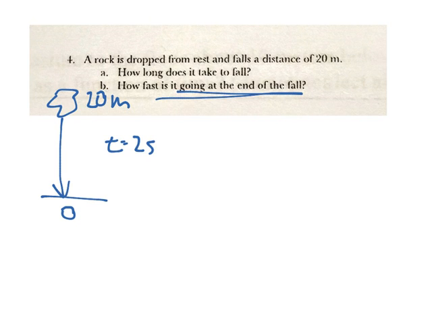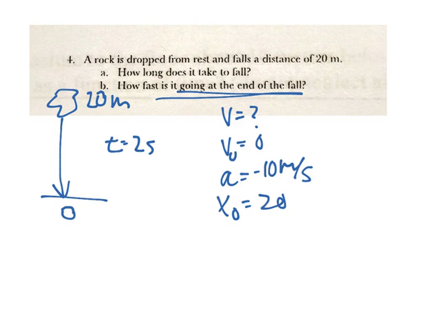So what's our final velocity? Final velocity, we don't know. Initial velocity we know is 0. Acceleration is negative 10 meters per second squared. Initial position is 20 meters. Final position is 0. t equals 2 seconds.